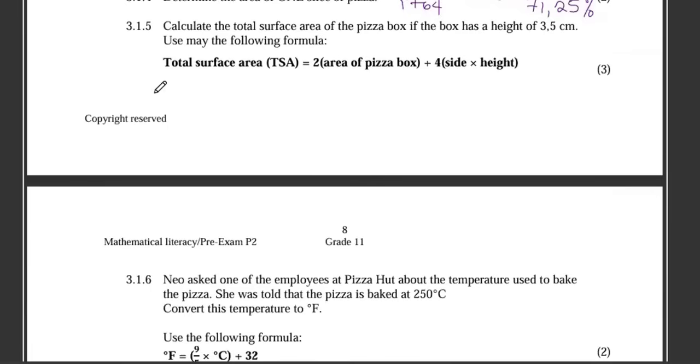3.1.5. Calculate the total surface area of the pizza box if the box has a height of 3.5 centimeters. And they're telling you may use the total, which is fine.